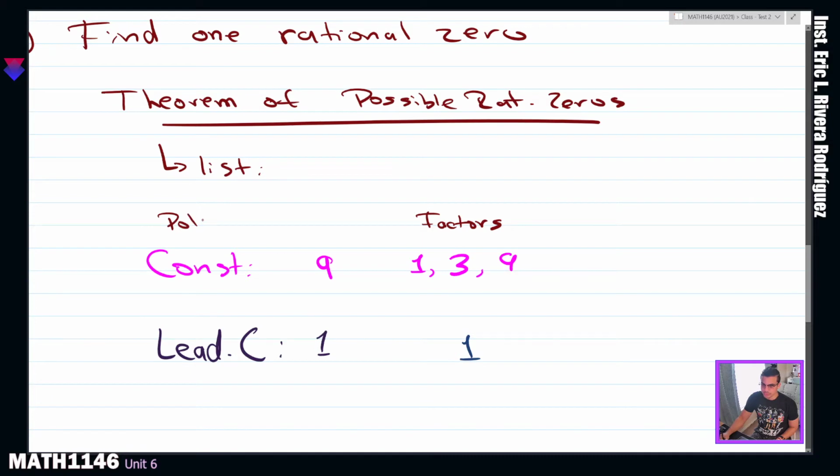Okay. From the polynomial, we got the constant term, the leading coefficient, the constant term value. Then we got the factors. Okay.